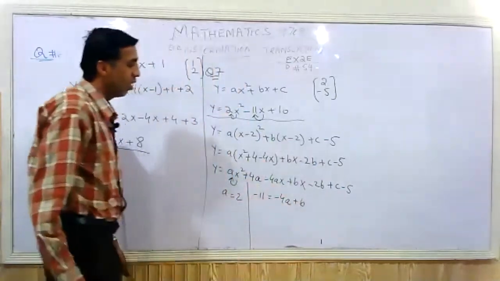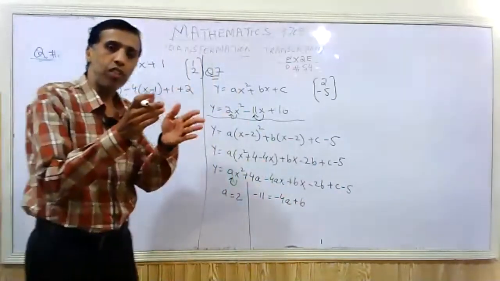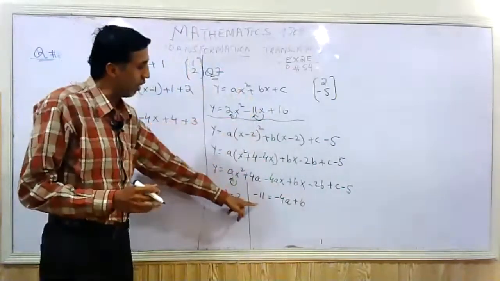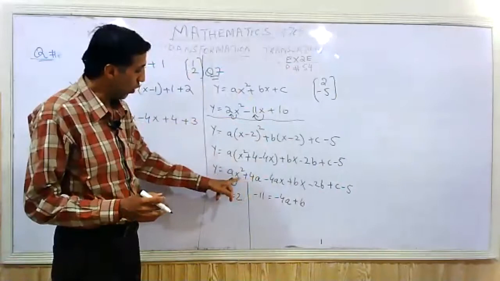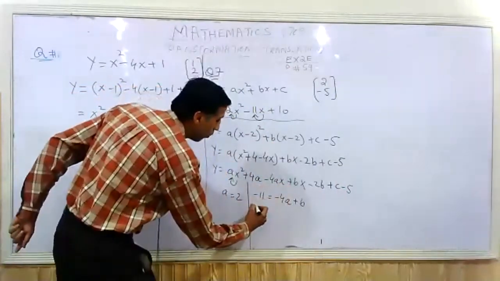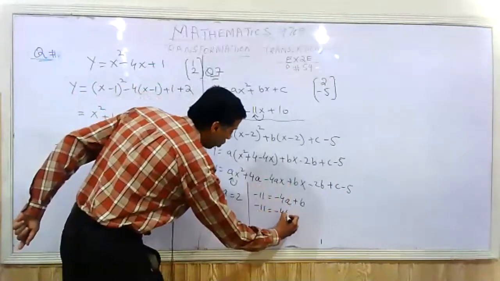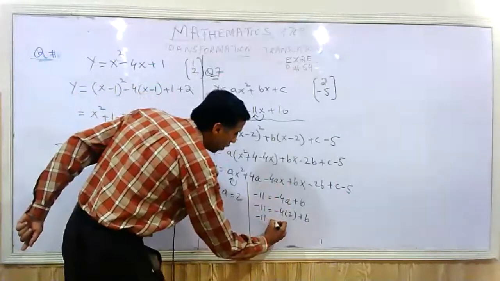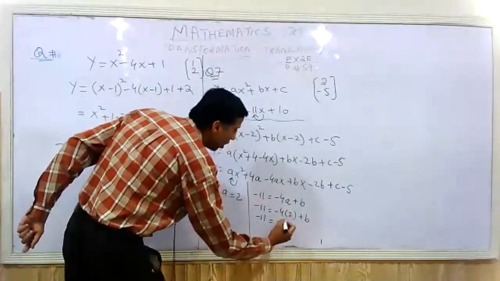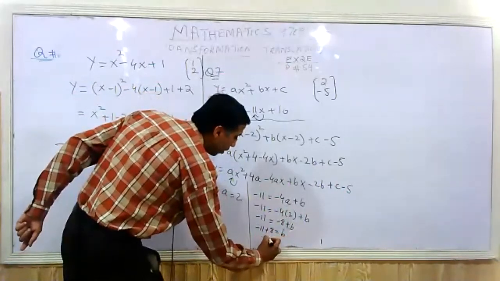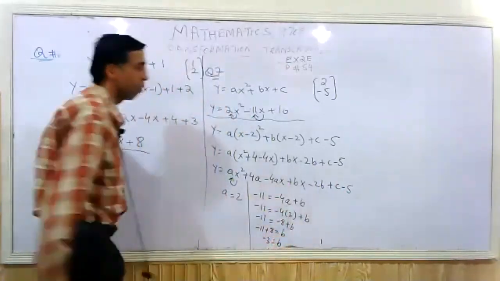You have to compare the coefficients of like terms. Now put in the value: minus 11 equals minus 4 times 2, which is minus 8, plus b. So b is minus 11 plus 8, and the value of b is minus 3.